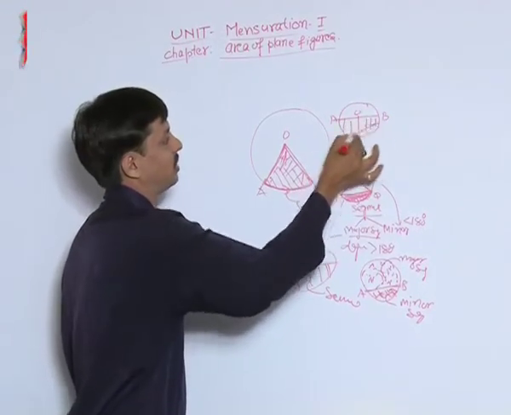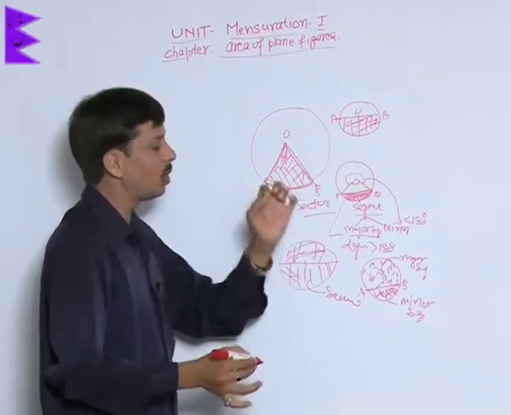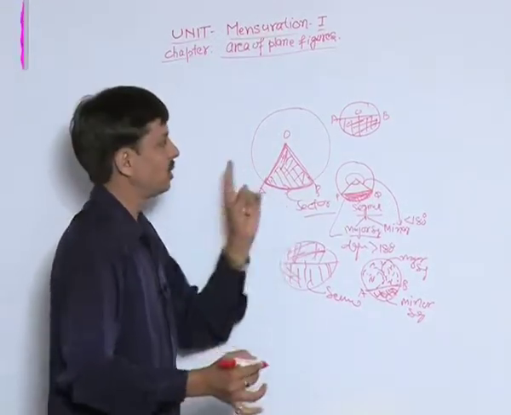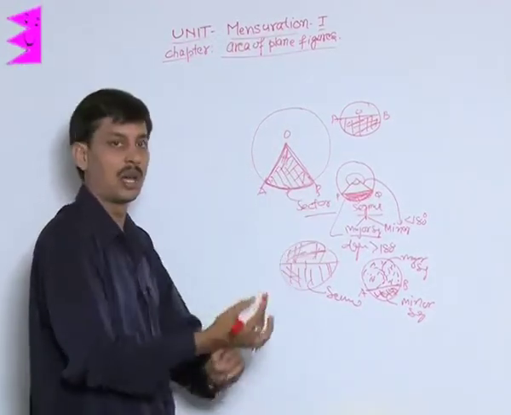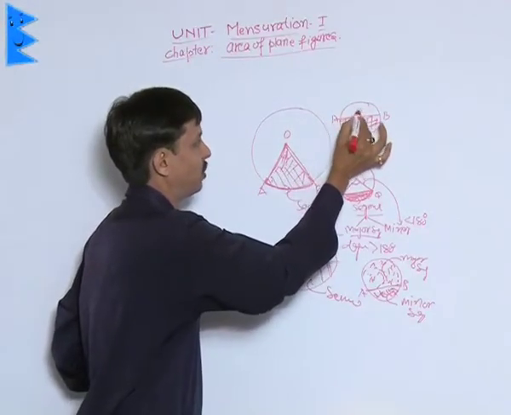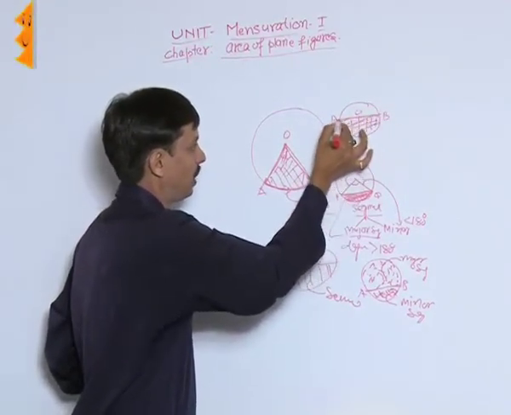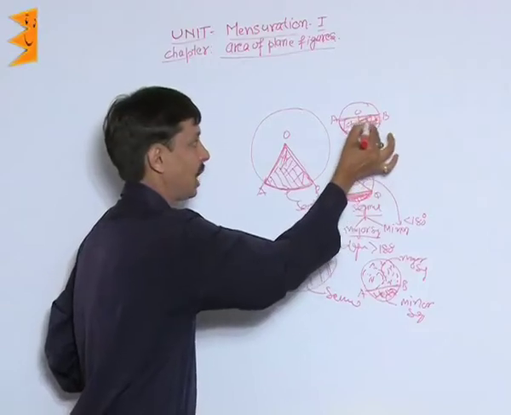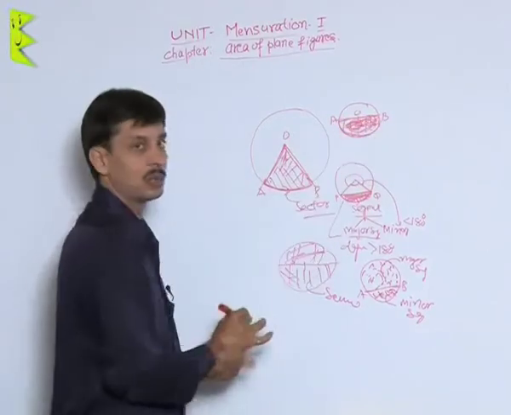Somebody says it is a sector. I say he or she is right, because a sector is a part of a circle enclosed between two bounding radii. One radius is OA, another is OB, and an arc. So a semicircle is a sector also.